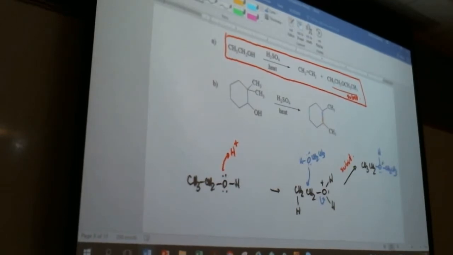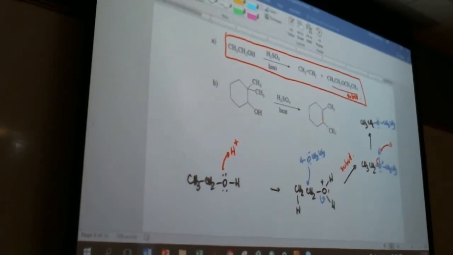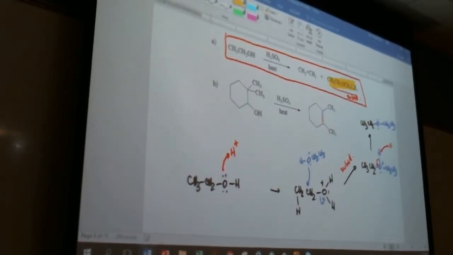Now we have this, and then another molecule of ethanol, let's call it a generic solvent molecule, comes in, abstracts this hydrogen, and I end up with this product. This is a substitution product.